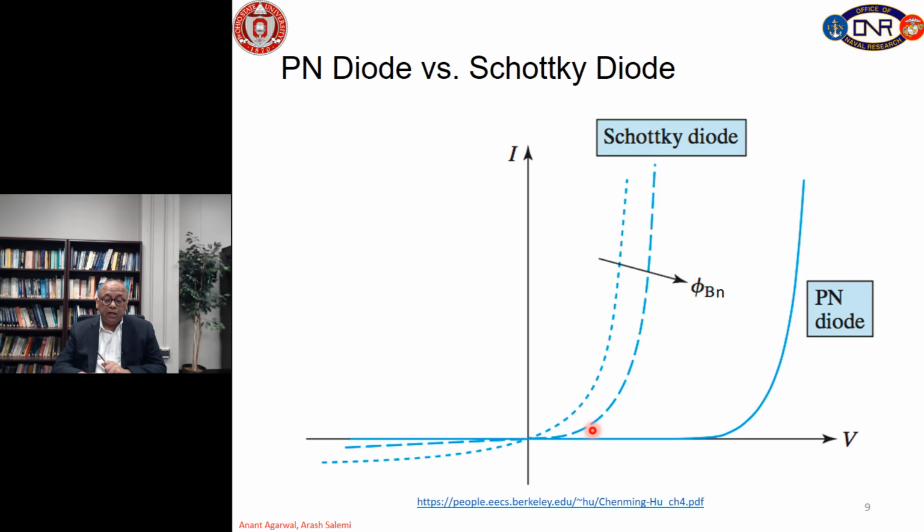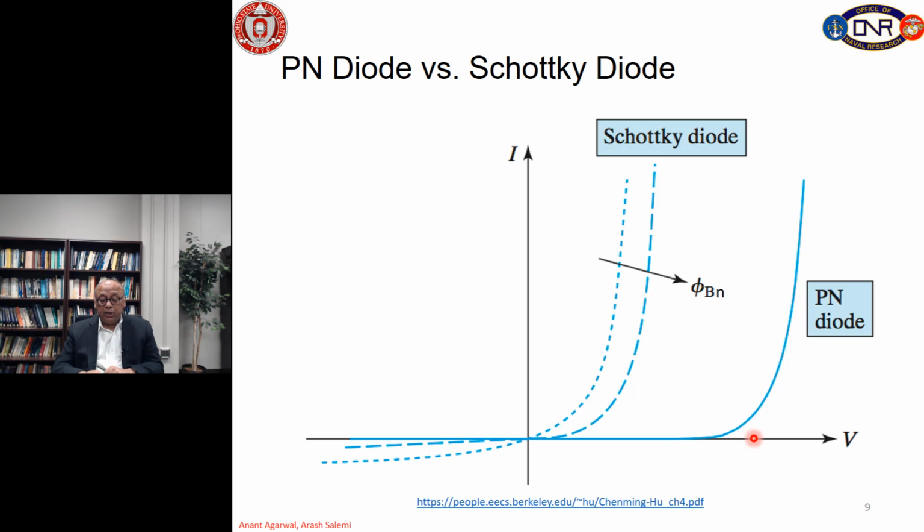So, you can see that Schottky diodes have a lower loss in the conduction process under forward bias, because the forward voltage drop for a given current is lower than what it would be for the PN junction diode.